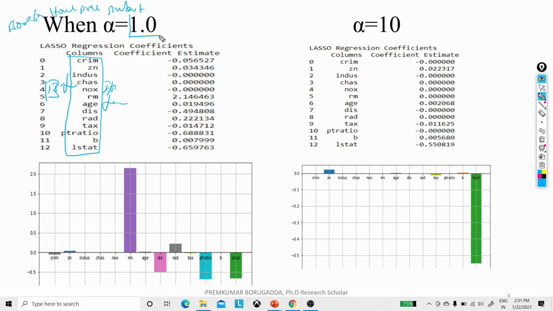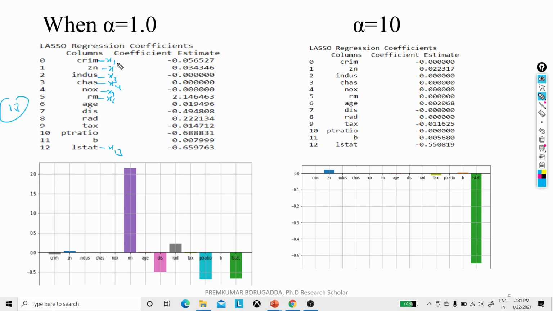Here, when I apply the alpha value equal to 1, you can observe the coefficient estimation values. These are the m values: this is the feature x1, this is x2, x3, x4, x5, x6 up to x13, but the features are numbered from 0 to 12, total 13 features, and the corresponding coefficients are m1, m2 for the x2 feature, m3, m4, m5 like that.